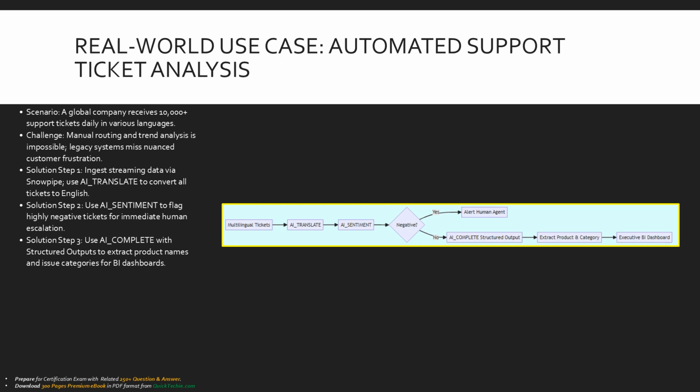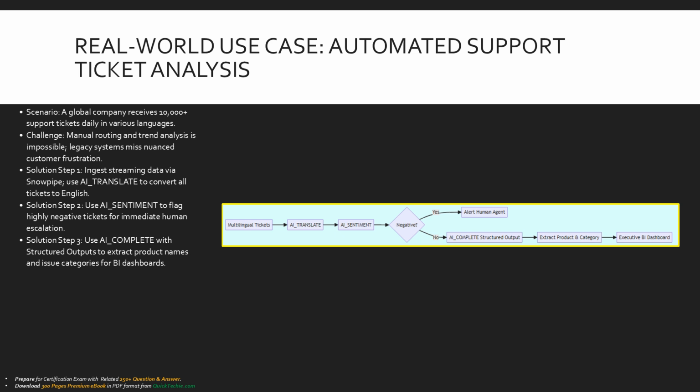Let us tie all these concepts together with a powerful, real-time use case: automated support ticket analysis. Imagine your enterprise receives tens of thousands of support tickets daily across a dozen languages. Manually triaging these is slow, expensive, and leads to customer churn. With Cortex LLMs, we can build a fully automated, intelligent pipeline inside Snowflake. As tickets stream in, we first apply the AI translate function to standardize everything into English.